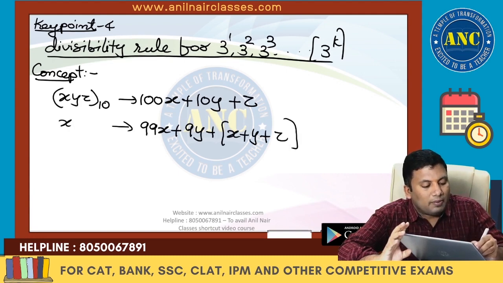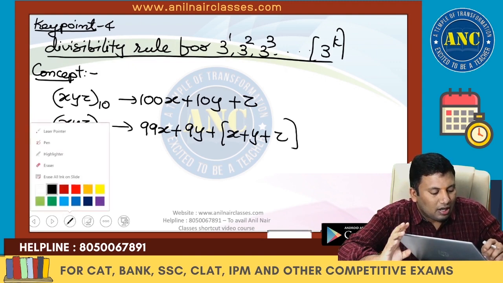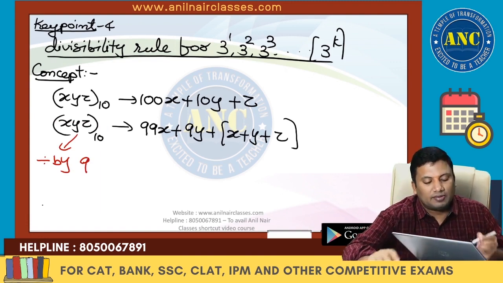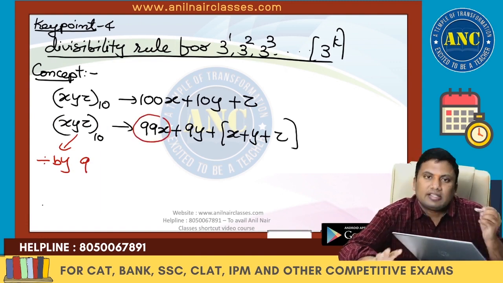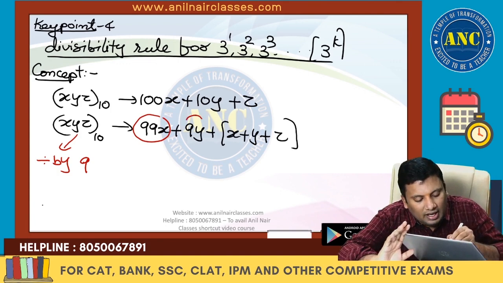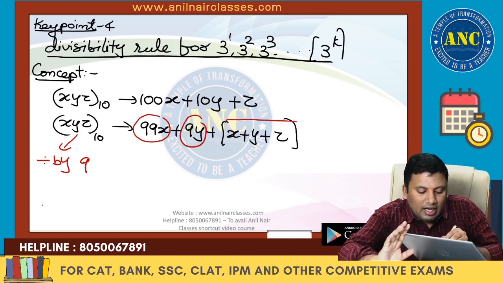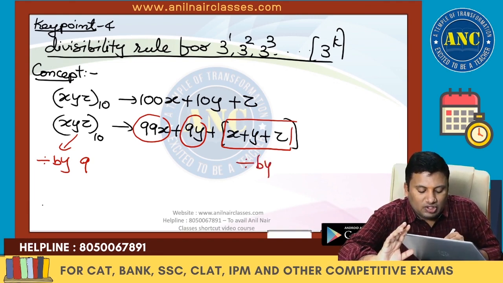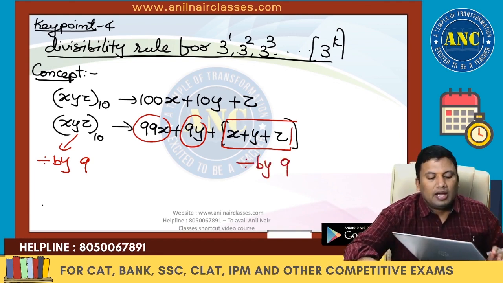Now if you observe, if the left hand side is divisible by 9, 99 is 9 into 11, divisible by 9, 9y is also divisible by 9, so x plus y plus z should be divisible by 9.